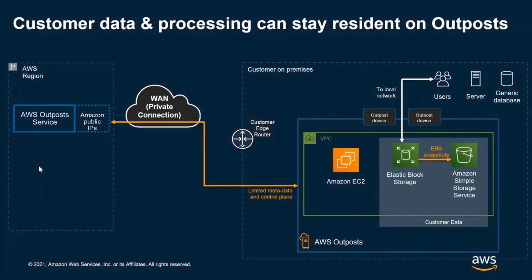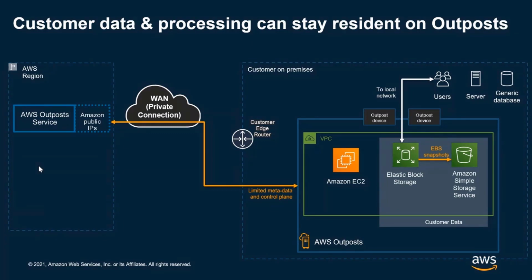And ultimately, when you start to put that together, the control lives in the AWS region, and that control link can go over a WAN, over a private connection, or you can use AWS Direct Connect, and the limited metadata and control data flow between the region and Outpost.